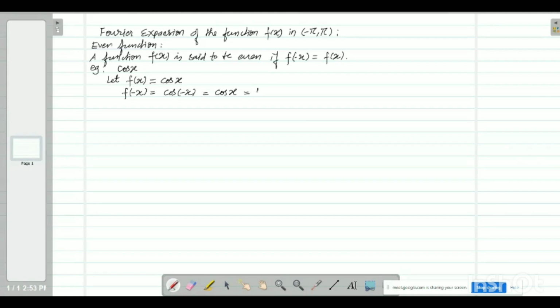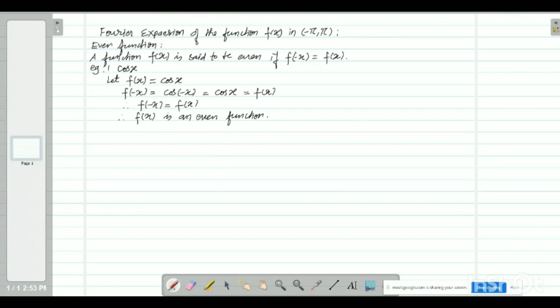Therefore we can say that f of minus x equals f of x. So f of x is an even function. Okay. So this is the definition of even function.